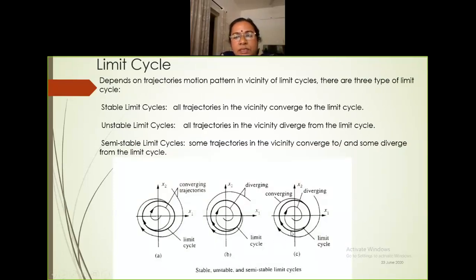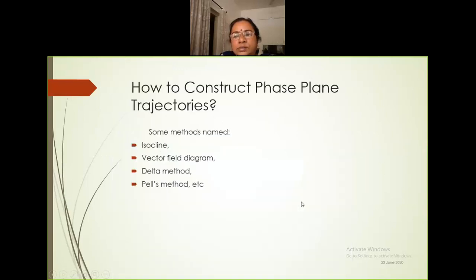Then comes the third figure, that is figure C. The middle one, you can see the closed path, this limit cycle. Okay, closed one. And this curve is converging because it is coming and joining that particular closed curve.